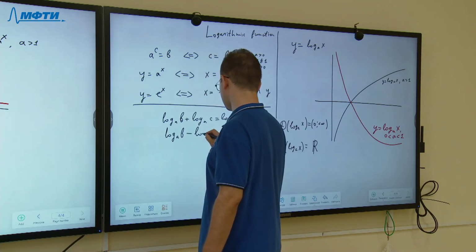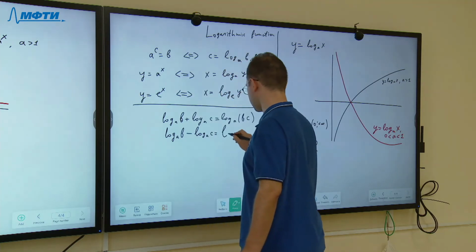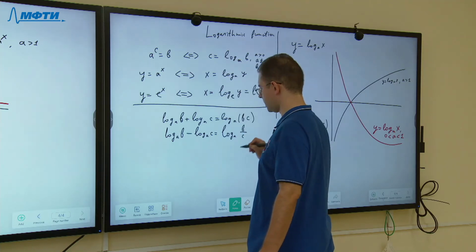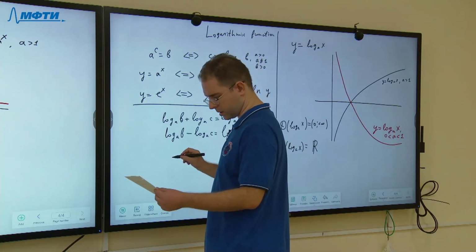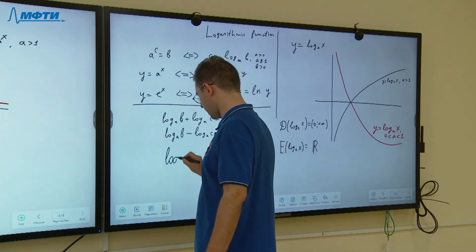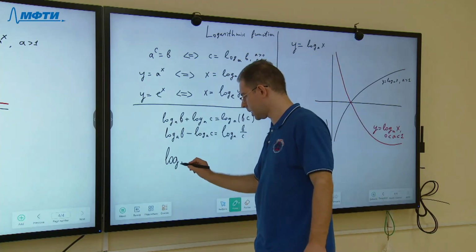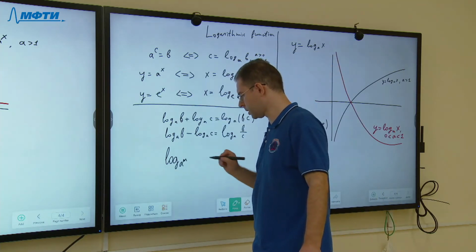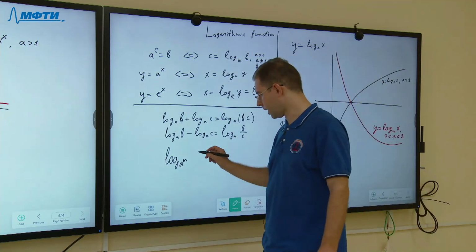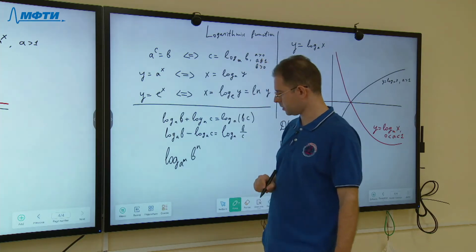If we subtract, then this is the log of a quotient, b over c. What else do we need? Yes, if we have powers, the base of the log would be a power m, where m is any positive power, and the argument of the log would be b power n.